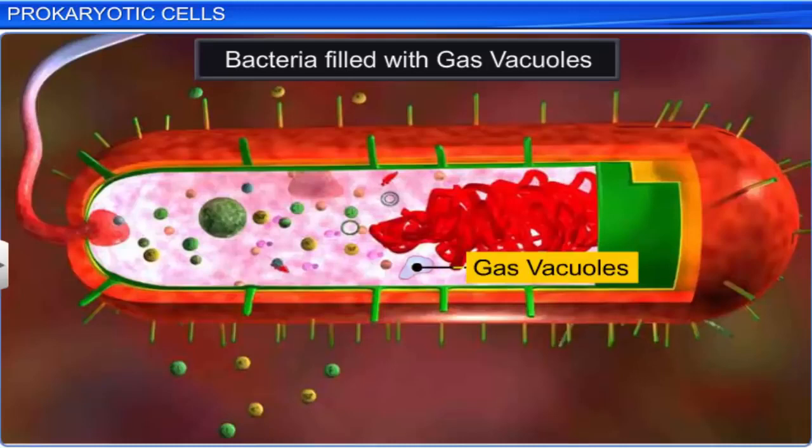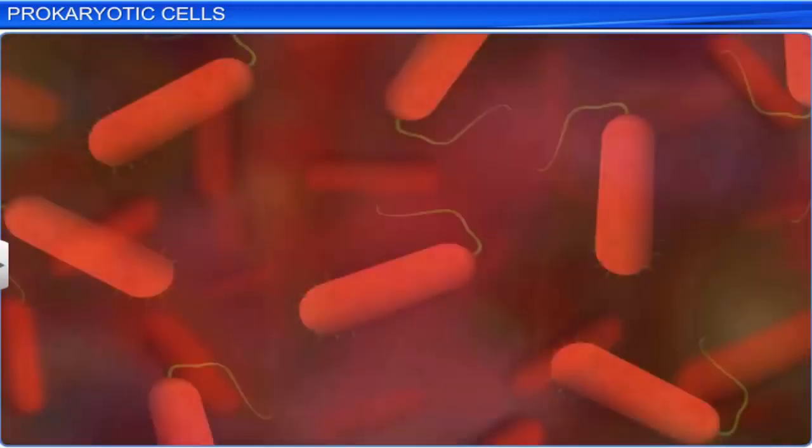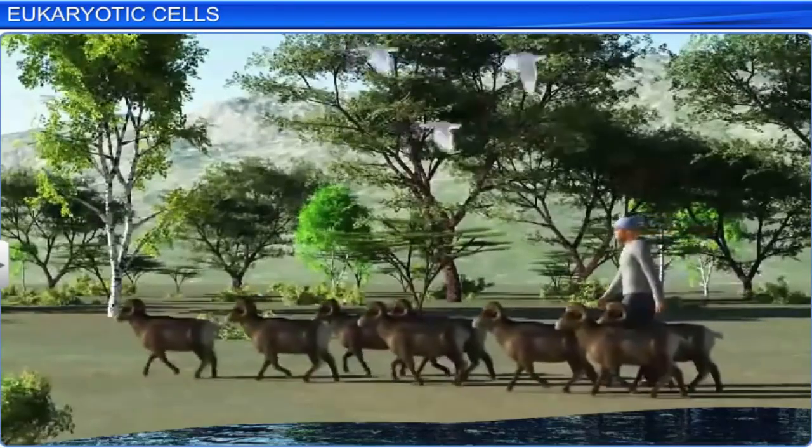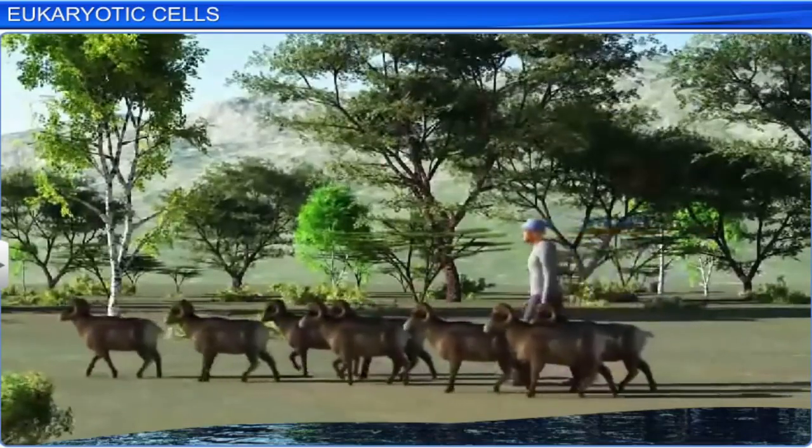Prokaryotes, thus, are primitive organisms that possess a simple cell structure. Yet, they are the only organisms to thrive in almost all habitats, including underground caves and deep oceans. Our Earth is home to diverse species of plants and animals.